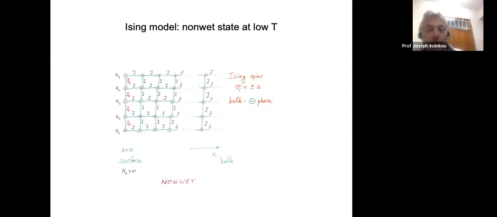So having the minus phase fixed in the bulk all the way to the right, we will have to crank up the surface field to a certain strength in order to even make it possible for the surface layer to flip. Now the surface layer, if you look very well, will flip when the value of H1 reaches some simple multiple of J. And maybe it could be just the value of J itself, right?